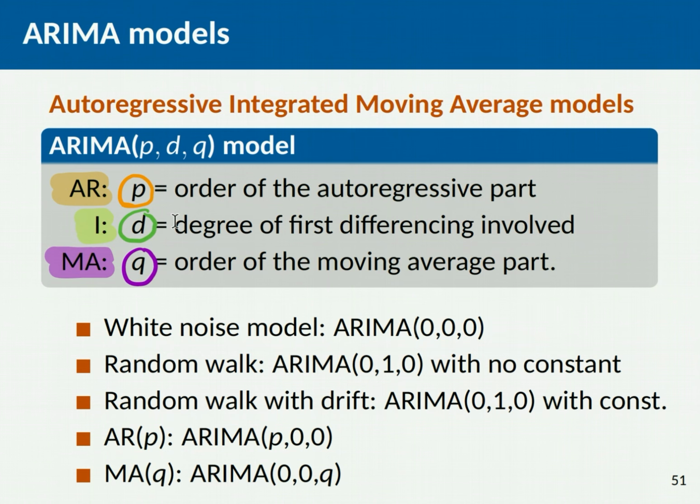If you have to difference the series, let's say it was Google stock prices, once to make it stationary, then d equals 1, and the order of integration is 1. That's the degree of first differencing involved. And the last component of the ARIMA model is the moving average part, represented by MA(q). So q is the order of the moving average part.